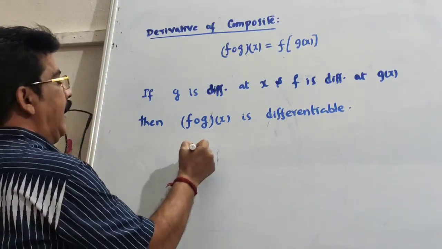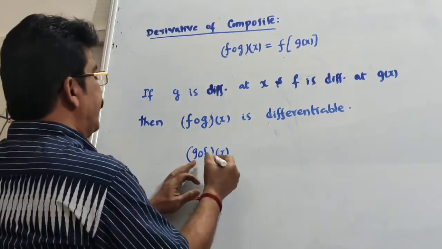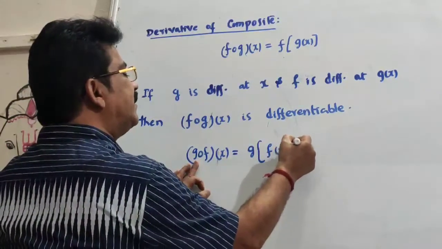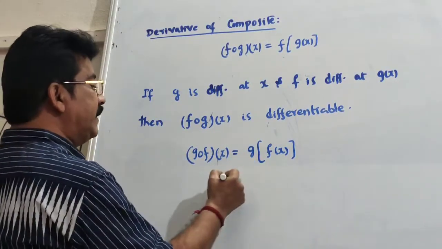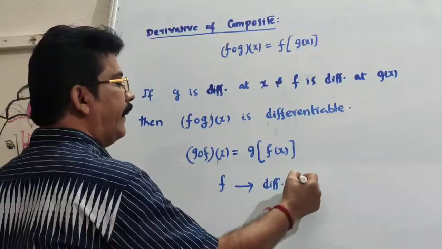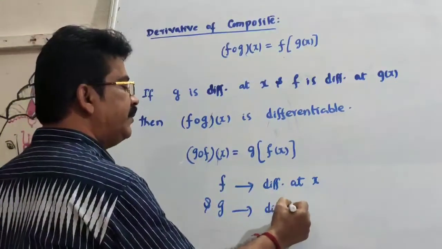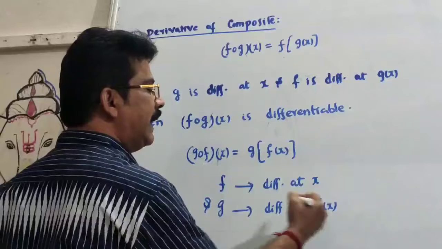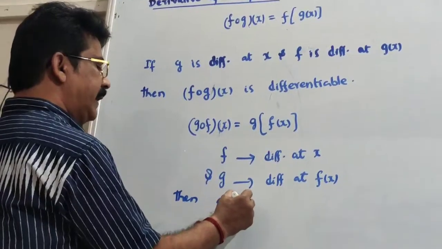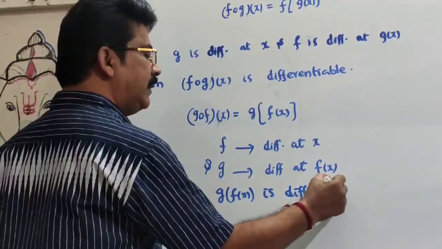Similarly, how can we define g circle f of x? Actually, g circle f of x can be written as g of f of x. For this, f must be differentiable at x and g must be differentiable at f of x, then only g of f of x is differentiable.